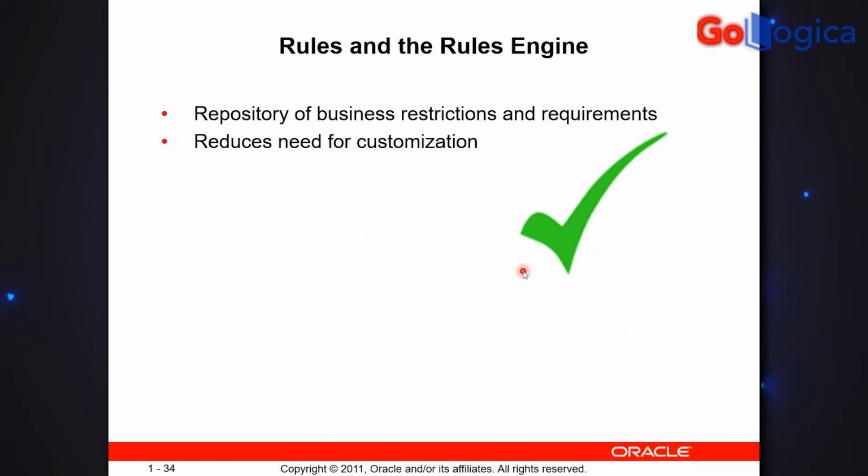And why is this needed? Because this will reduce the need for customization, because if rules are not there, then we will have to go through the customization route. But in rules we can write your own SQL query to have your restrictions, and that will help us mostly for our put away tasks and picking allocations.